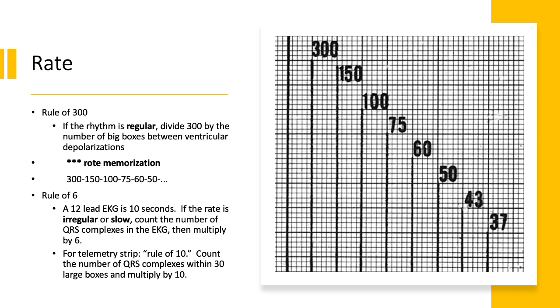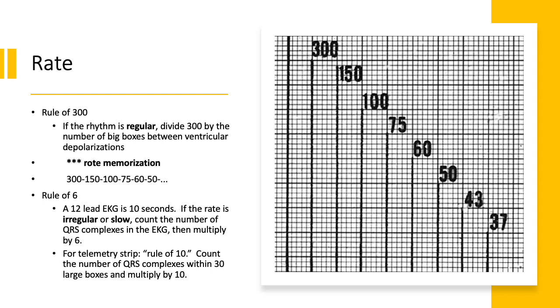That rule of 300 is that if you take the R to R interval, meaning the distance between one QRS complex and the next QRS complex, you count the number of big boxes, and you divide 300 by the number of big boxes between those QRS complexes.